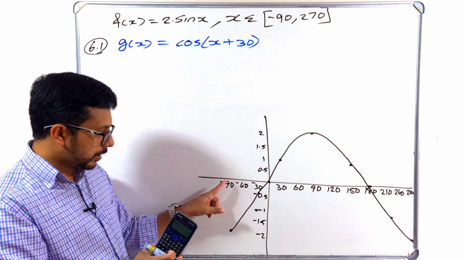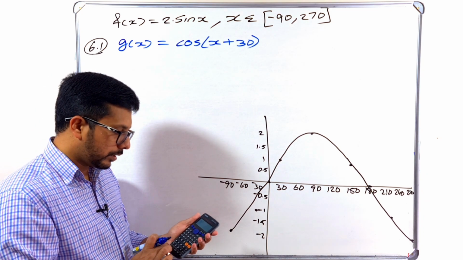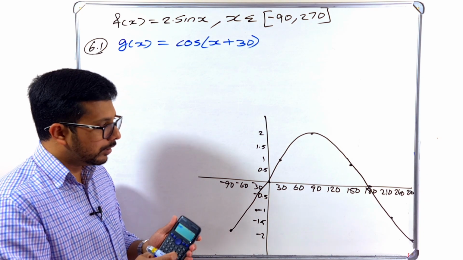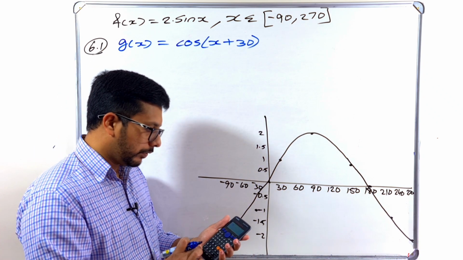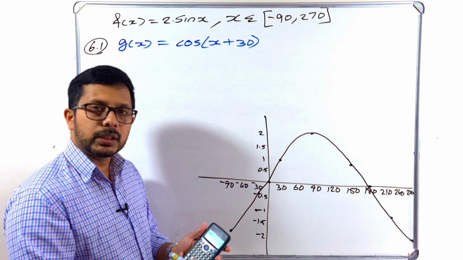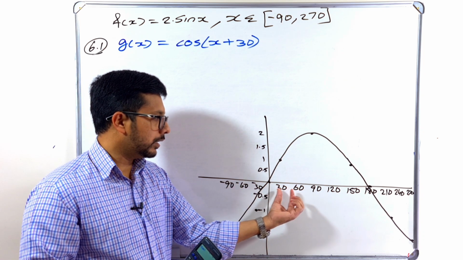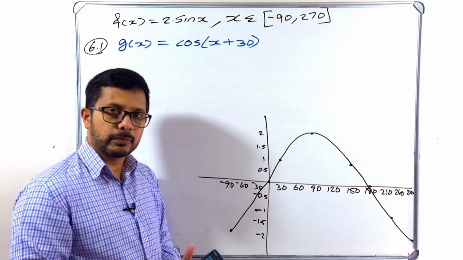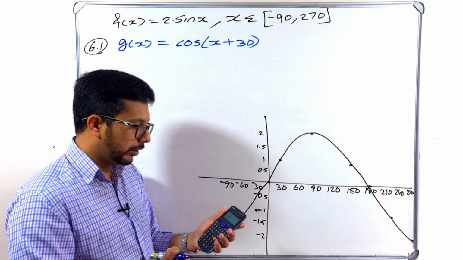Start means the first number, the first domain, minus 90. End means the last domain, 270, equal to. Step means the interval. So here what is the interval? 30, 60, 90. Interval is 30. Okay, so step 30, there you go.